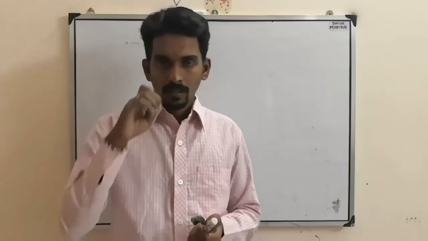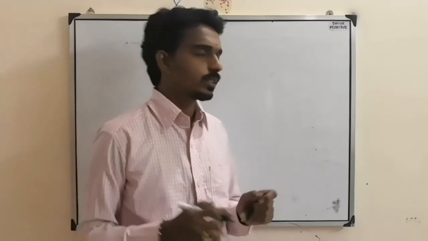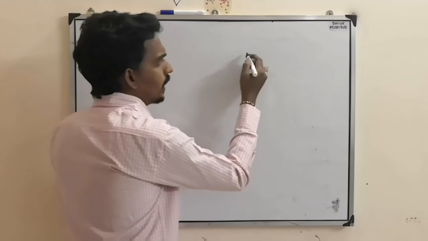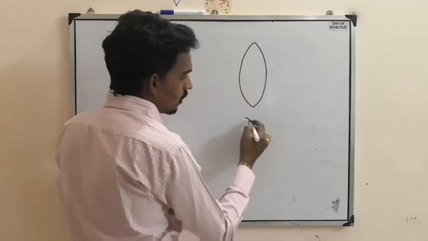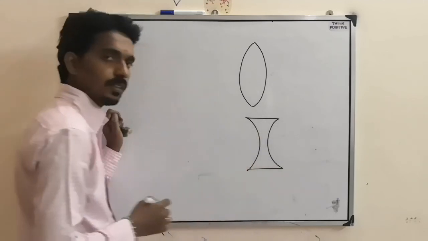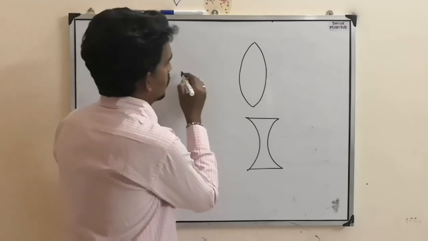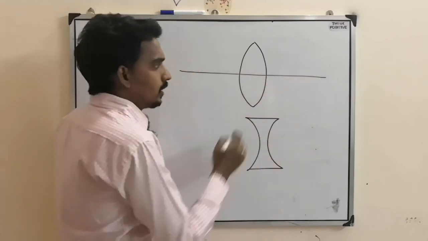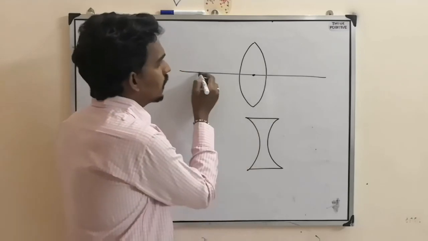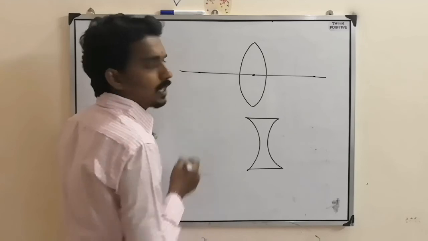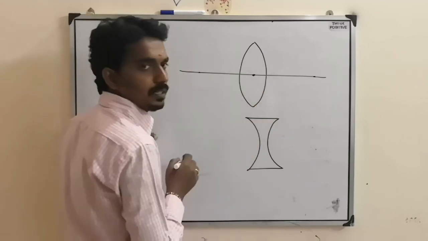Now, in case of lens, when you consider any lens, convex lens or concave lens, there are two surfaces, two refracting surfaces. That means there is one central point called optical center, and there are two surfaces, so there are two centers, two foci, and two radii of curvature.